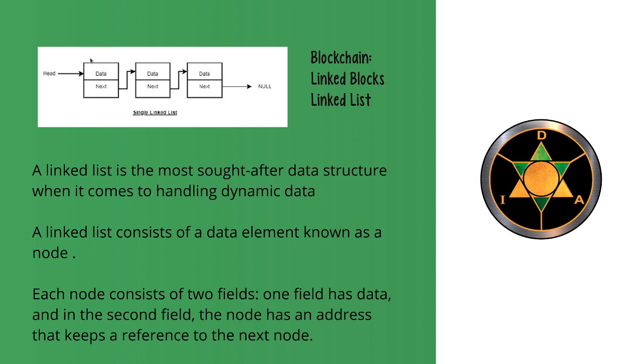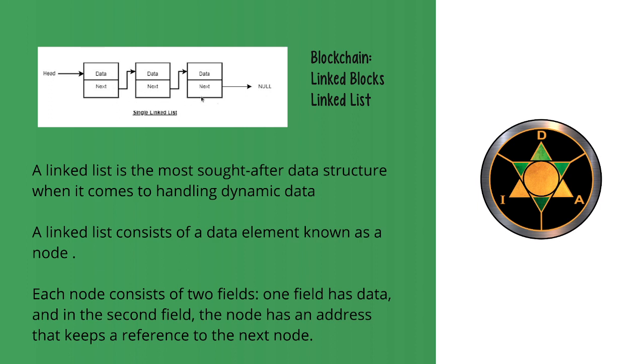Hence the concept of a blockchain. A block would be represented here by a node which has some data, in our case, a bunch of validated transactions. And this link here would be the mechanism through which a blockchain connects one block to another block, or attaches a new block to an existing chain.